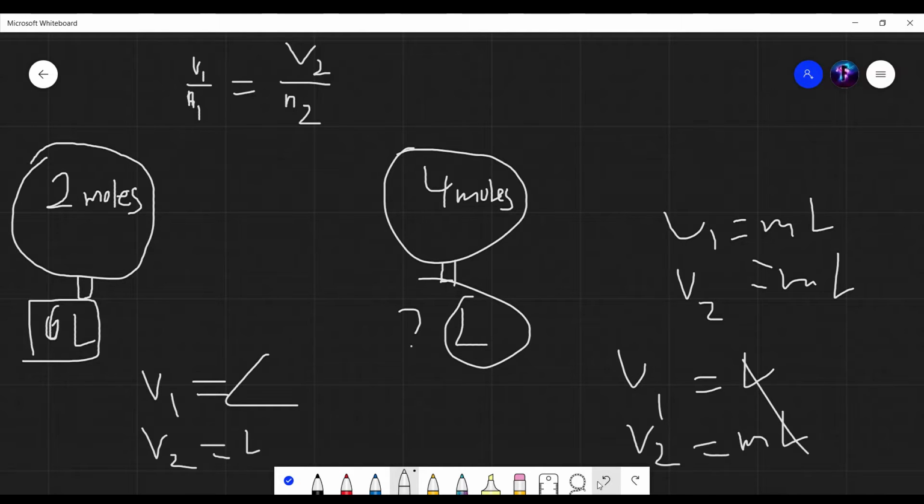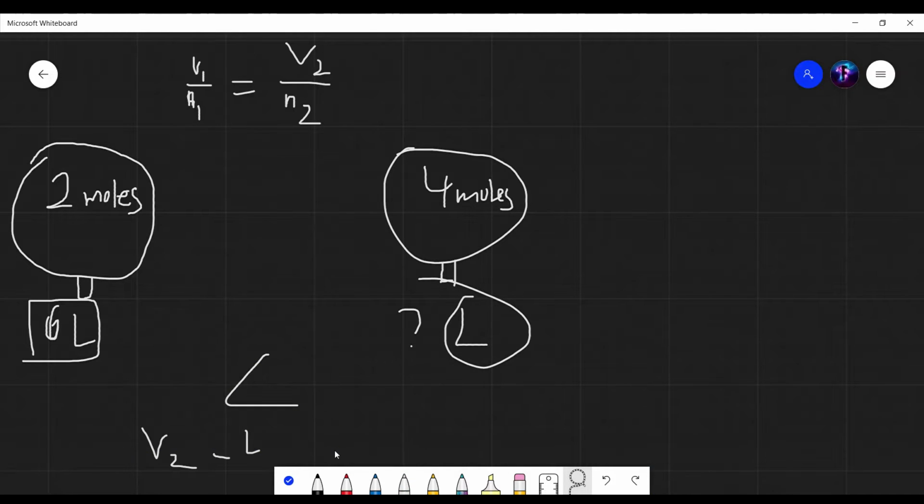You have to convert either milliliters to liters or liters to milliliters. So any is fine, just as long as they're the same unit, it's fine.